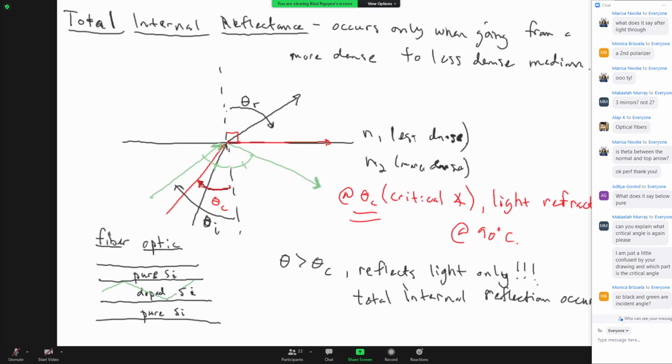Any of the incident rays coming in, the black, the red, the green, would normally create refraction, right? And so what ends up happening is at a certain angle, you get light to keep on bending away until it refracts at 90 degrees.